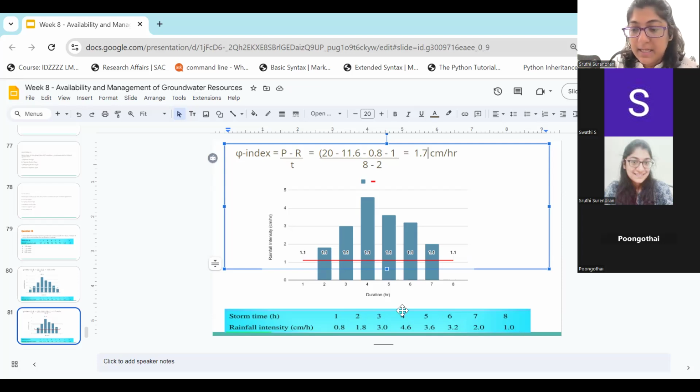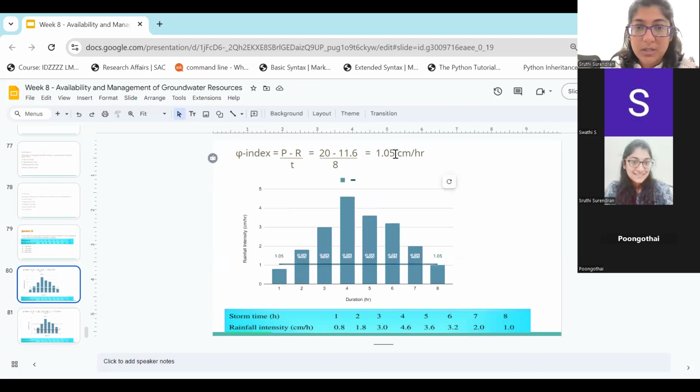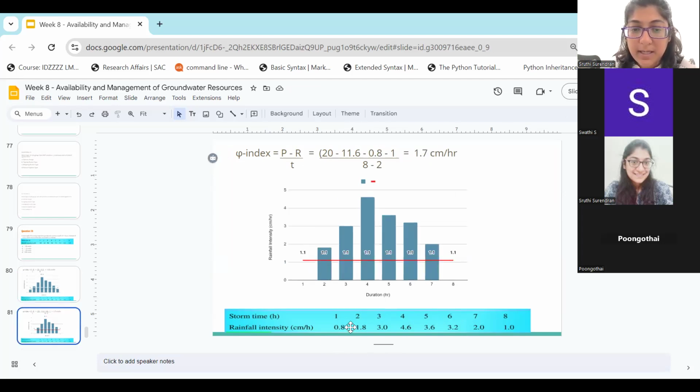So in the case of phi index, you should never stop the calculation at the first value that you get. You should also continue the calculation such that you remove the rainfall intensity that is less than this calculated value, and then once again calculate the phi index by removing these values and the duration to get one more answer. Again, you have to check if there is any rainfall value that is less than this infiltration rate, and if there is, again you have to remove that value and do the calculation.